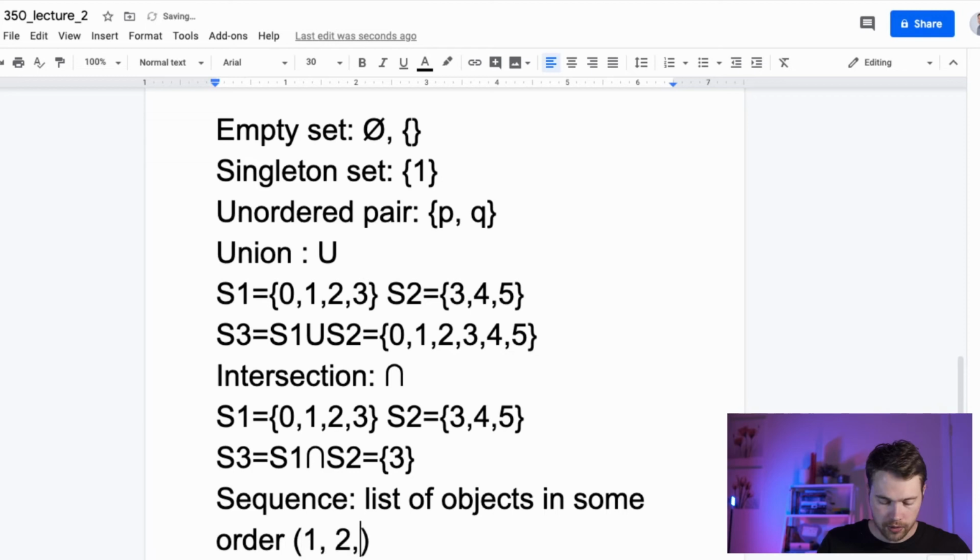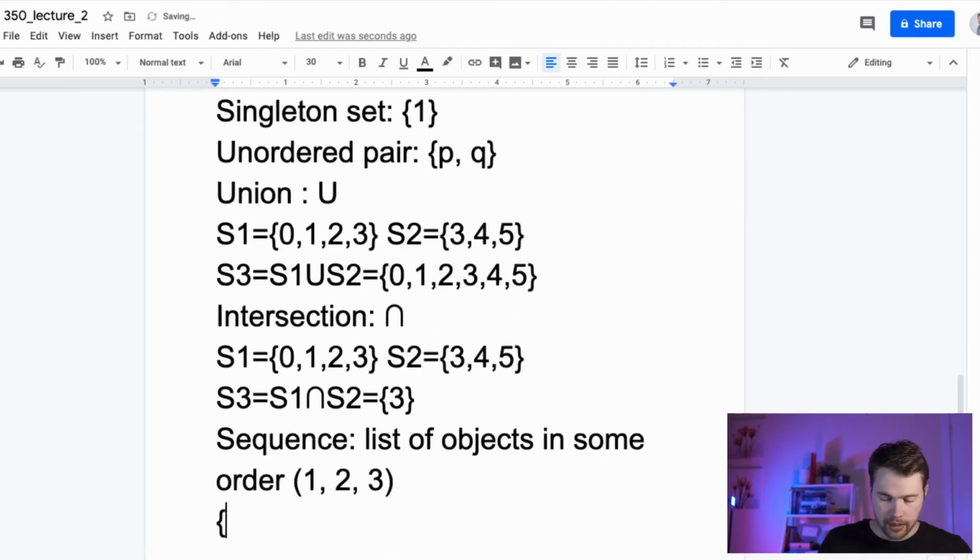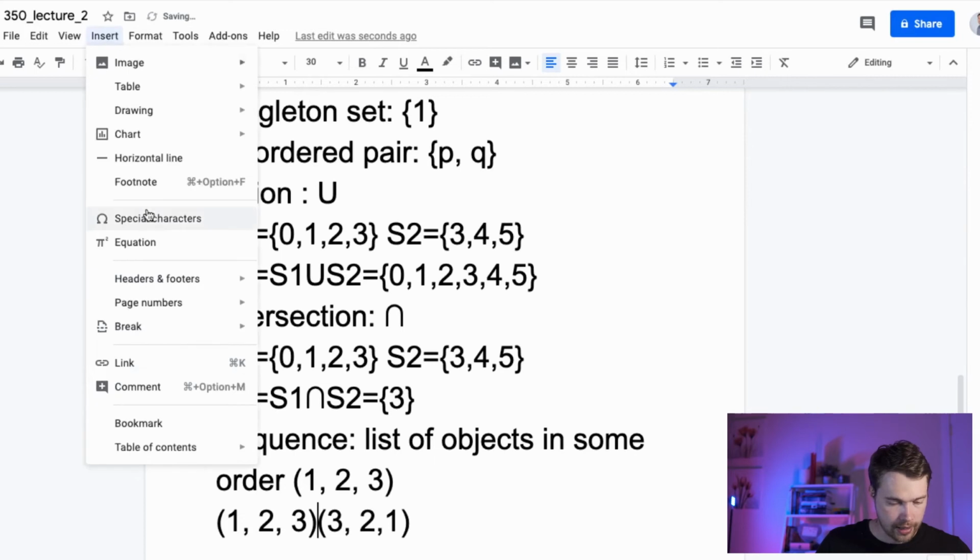Let's say 1, 2, 3, right? And it's very important to know that since in this case order does matter, 1, 2, 3 is not the same thing as 3, 2, 1. So these two are not the same thing.